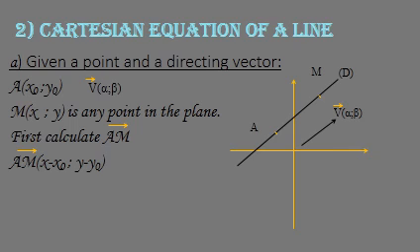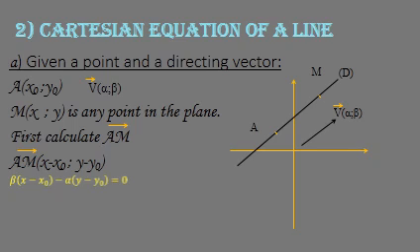As we did in the previous example, we create a point M, which is any point on the straight line D that has coordinates x and y, and create the vector AM, (x minus x0, y minus y0). And you know that the vector AM and the vector v are collinear. So we apply the rule of collinearity that says x y prime minus x prime y equals 0.